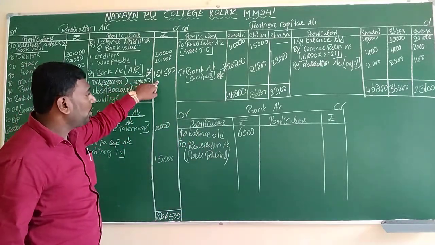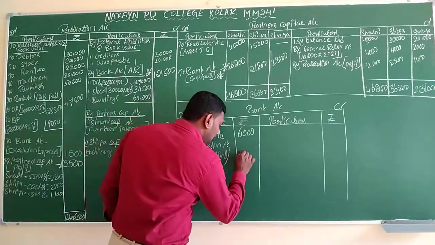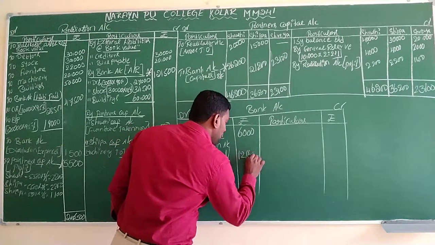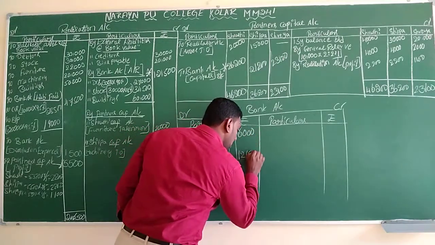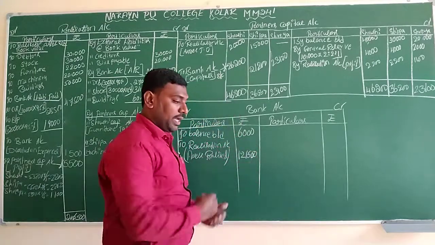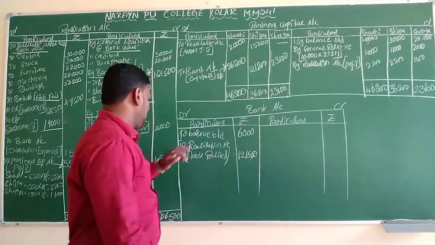What is the value? Here we have already made the total: 1,21,500 value is given. So this is about realization.